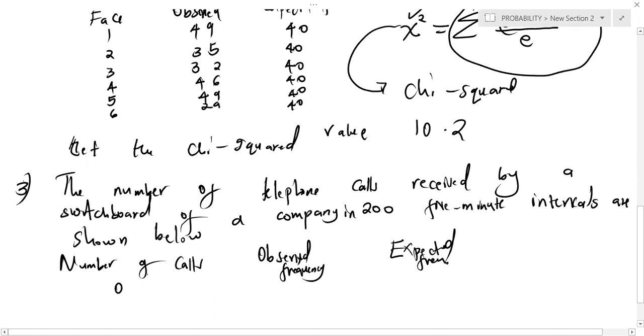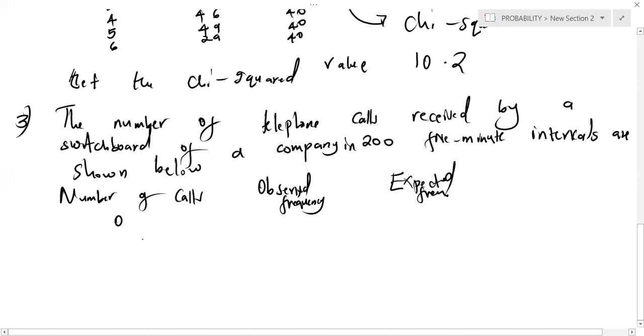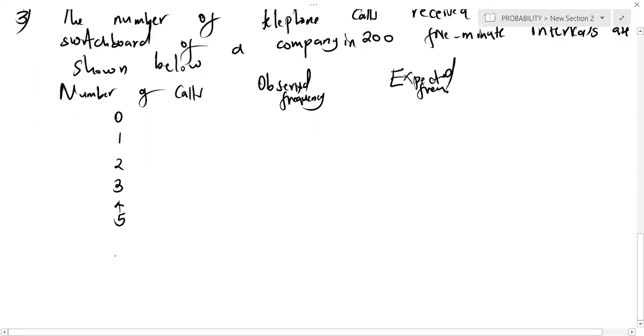So we have 0, 1, 2, 3, 4, 5, 6, 7. And the observed frequency is 11, 44, 53, 46, 46, 24, 12, 7, 3.